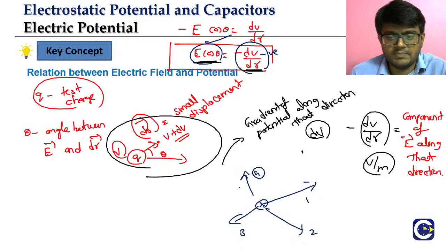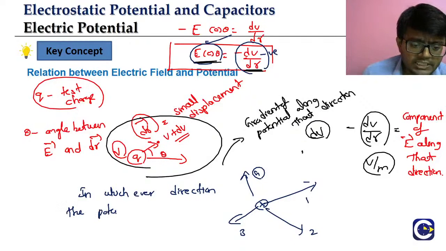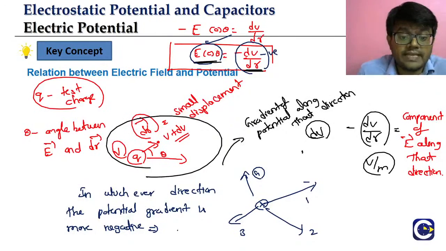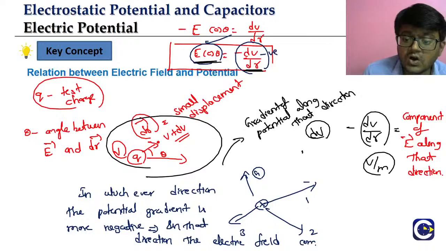The conclusion is simple: in whichever direction the potential gradient is more negative, in that direction the electric field component will be more.